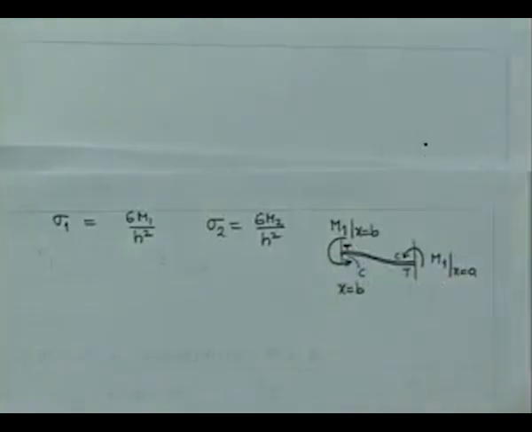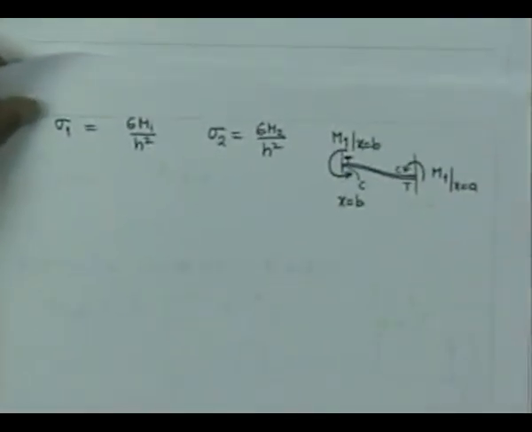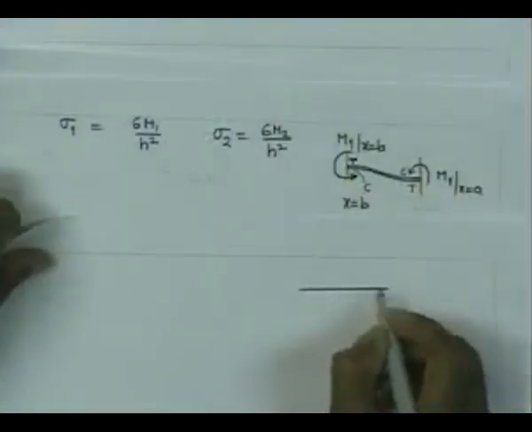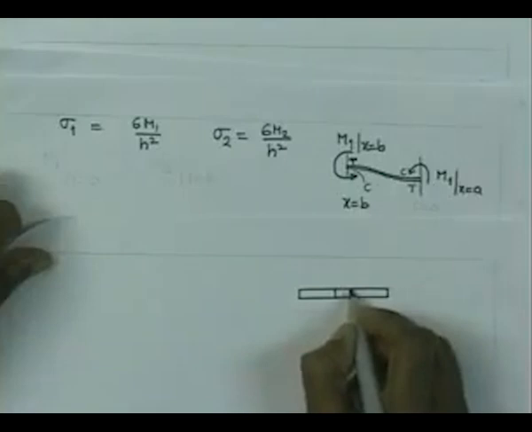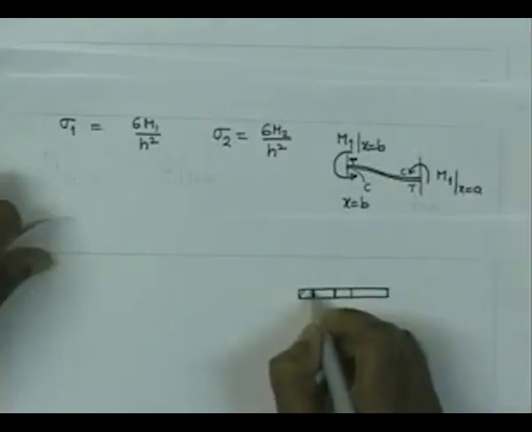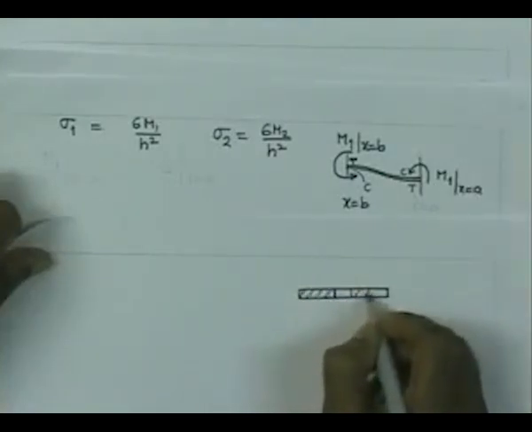So, this gets changed. You can consider plates of various geometry. We will have also problems of this type. You can have a plate which is having a cutout at the center like this.